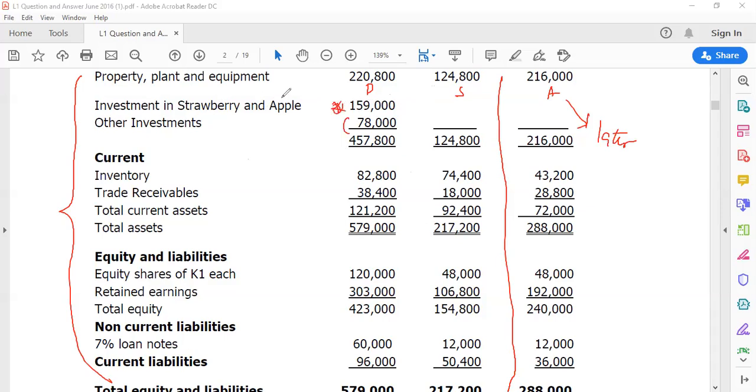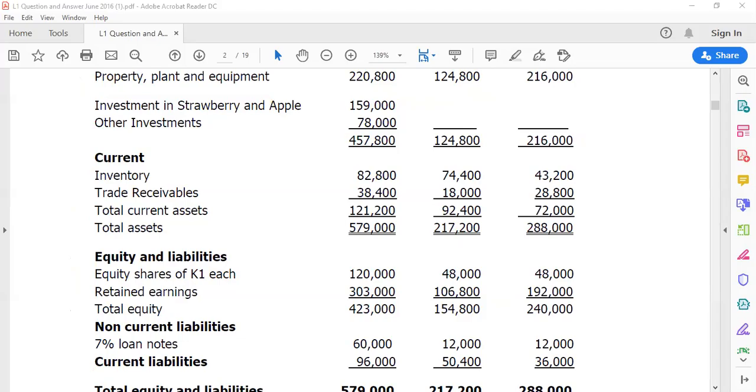But this other guy, the Apple guy, we include. So we're going to make our format now, which is going to have PPE, goodwill, investments in Apple, and other investments. Then these ones can just come the way they are. So let's make that format now. Okay, there we go.